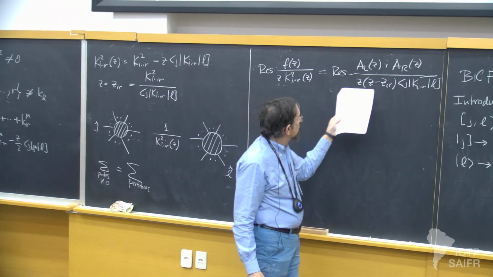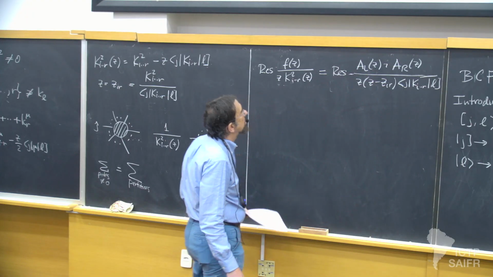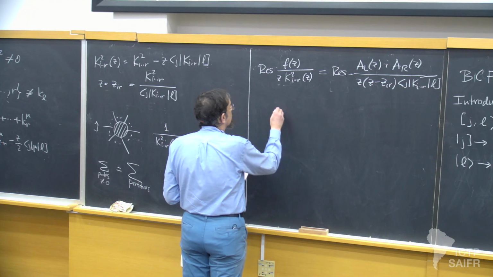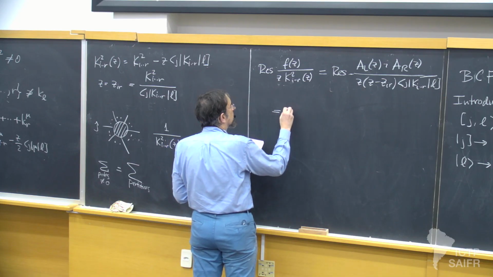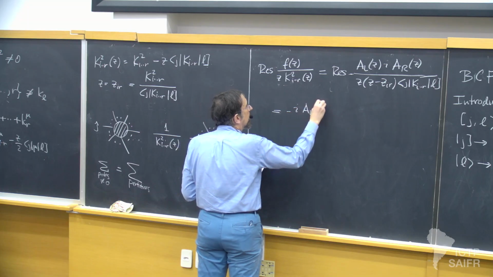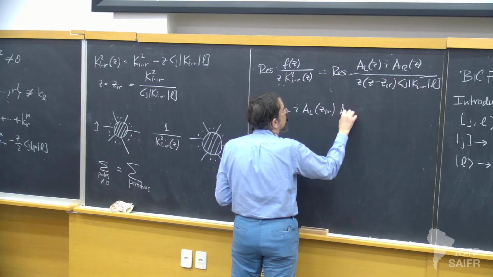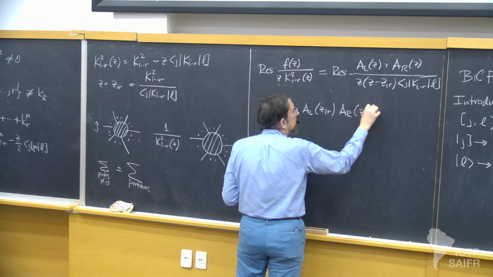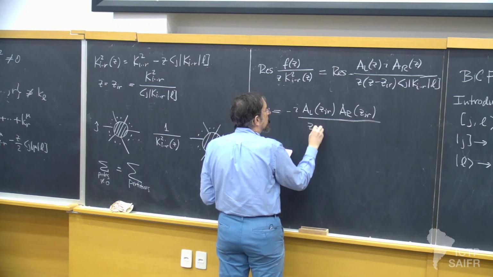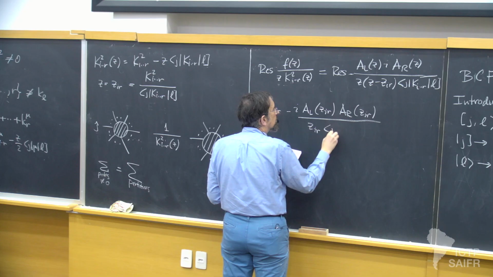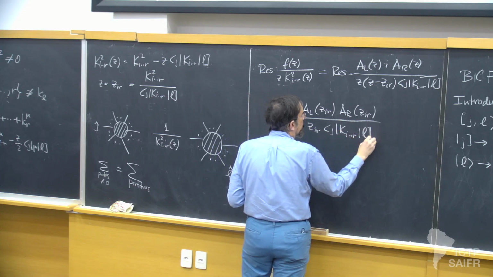So it's a simple pole, and so we're just going to evaluate essentially the coefficient of that on the pole. So we multiply by the pole and then take the limit. So we're going to get A_L evaluated at z_IR times A_R, again evaluated at the location of the pole, and we have a factor of the location of the pole, and then we're multiplying it by this spinor product.